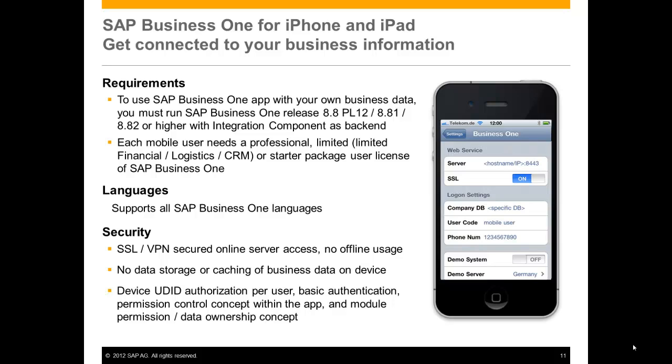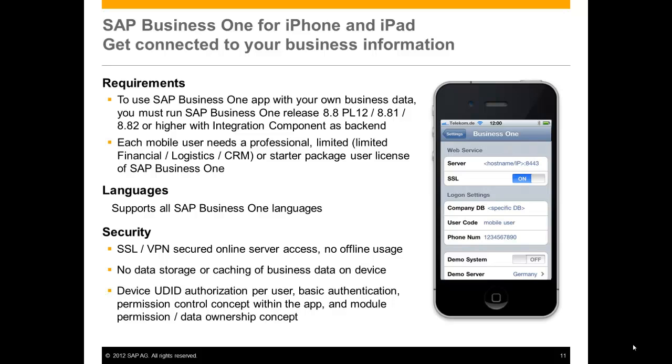All Business One languages are supported. From a security perspective, we offer you the ability to secure the communication between your mobile device and your Business One backend via either SSL or a virtual private network.